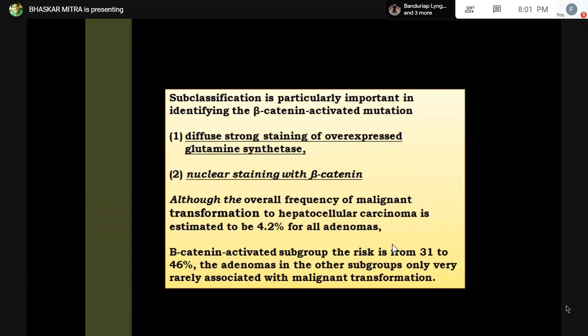Because, as I have said, it shows strong nuclear staining of beta-catenin and strong overexpression of glutamine synthetase. Overall, the transformation of hepatocellular adenoma to hepatocellular carcinoma is normally 4.2%, but in the beta-catenin activated subgroup it increases to 31 to 46%. Other groups rarely transform into malignancy, but this beta-catenin activated group usually does.